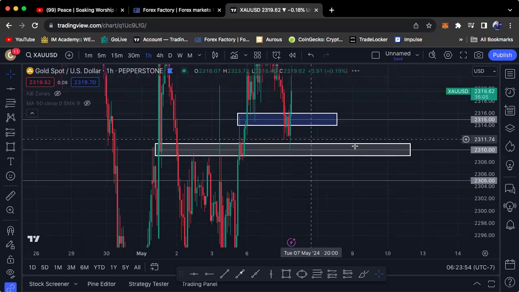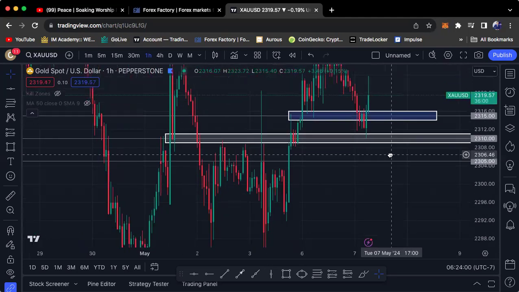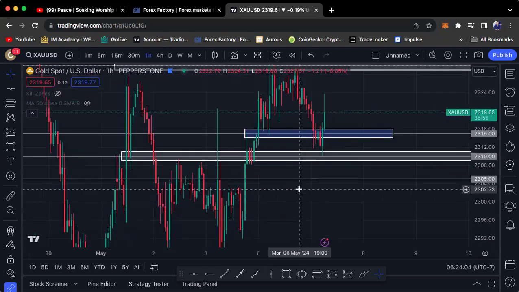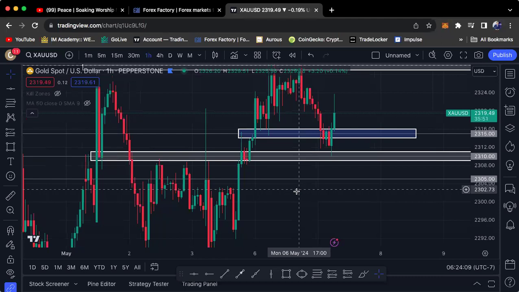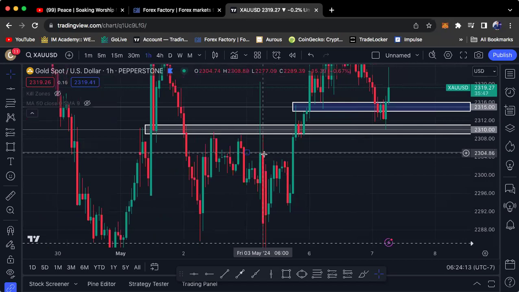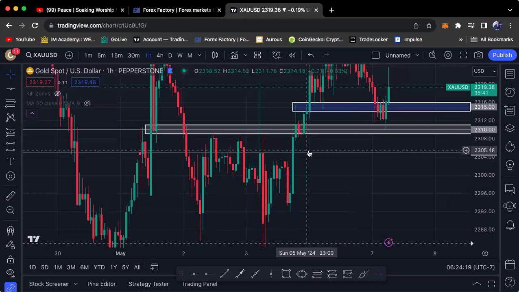Look at the 1 hour. See, there's resistance here, and then it broke above. Never came back down to retest this level.